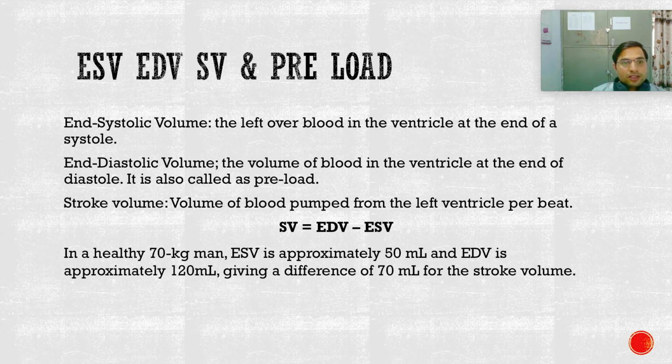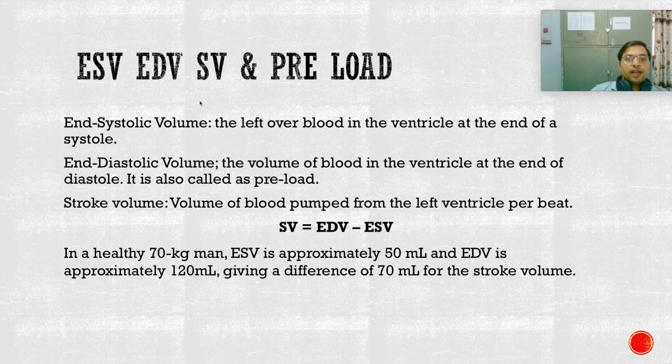Now we have to understand what is end systolic volume and end diastolic volume, stroke volume and preload. So we know what is systole and what is diastole. Systole is the contraction and diastole is the relaxation of ventricles. So systole is the pumping and diastole is the relaxation.